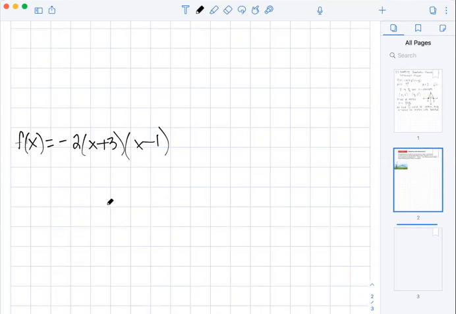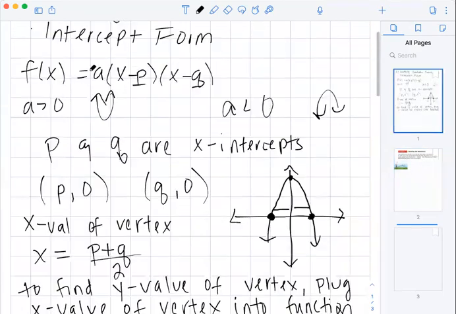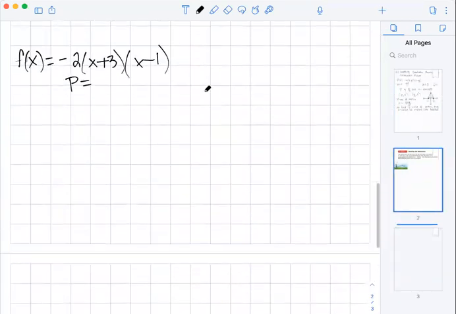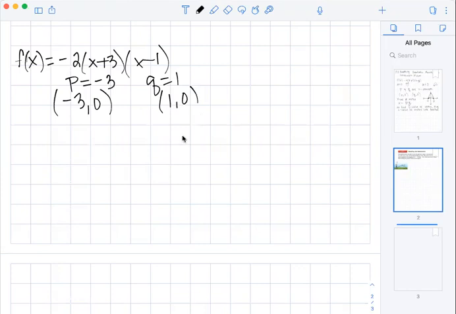Based off of what we know, recall the formula that it's minus P and minus Q, the opposite of P and the opposite of Q. So P is -3, Q is 1. So the ordered pairs are going to be (-3, 0) and (1, 0).